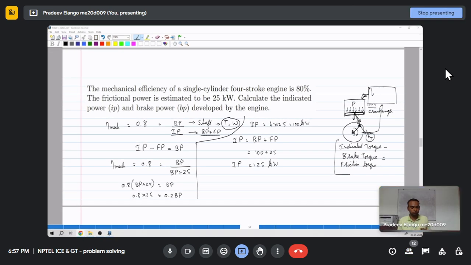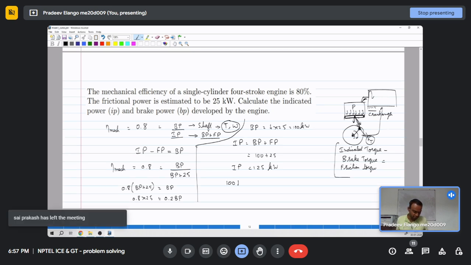Sir, is the 20% what we are losing in friction, or is that included in the 80%? So say 100 joules of energy comes from the indicator, the gas pressure, that is indicated, 100 Newton meters.